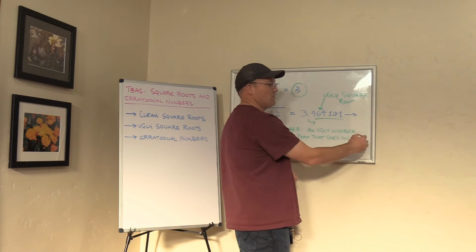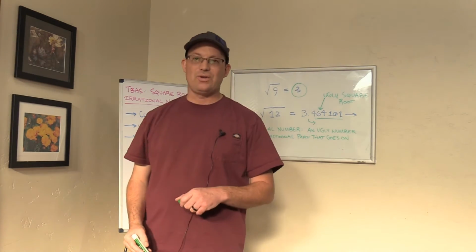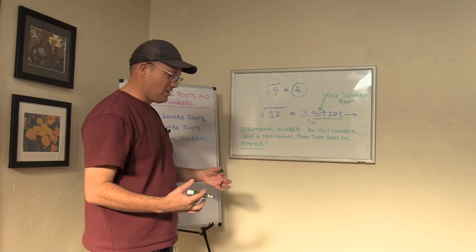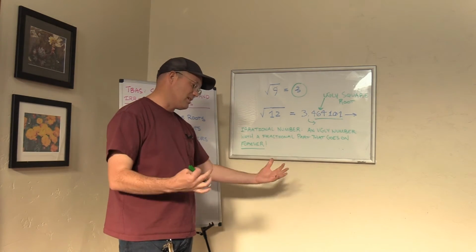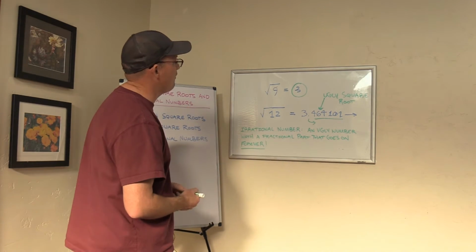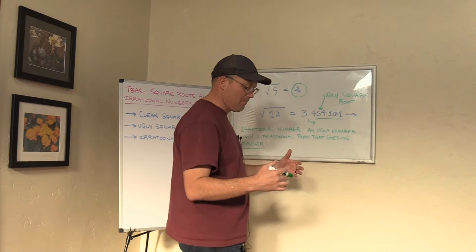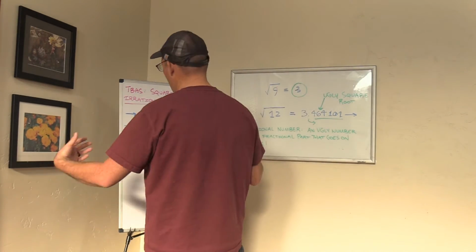And if you did this in your calculator, these numbers just keep going. That is an irrational number. An irrational number is a number that's not evenly divisible in what we call a base 10 or decimal system. Another technical definition is that it's a number that you can't express as a fraction using whole numbers.